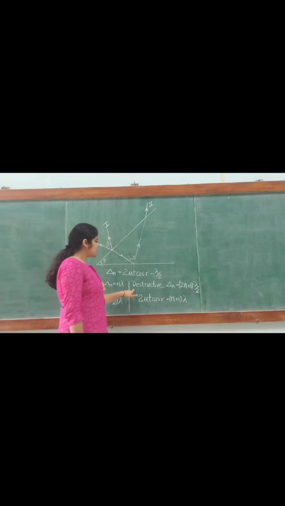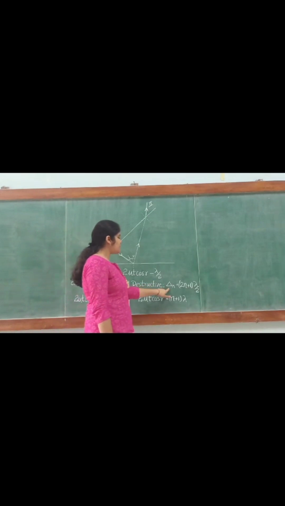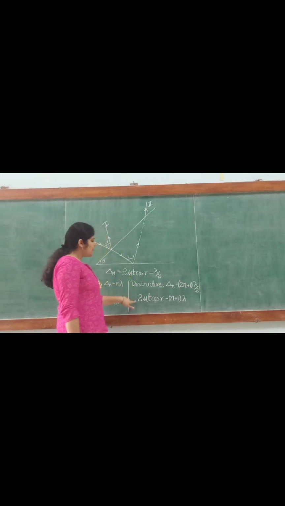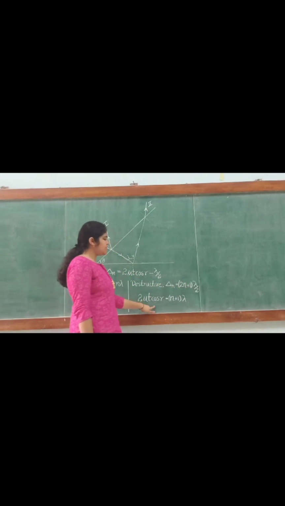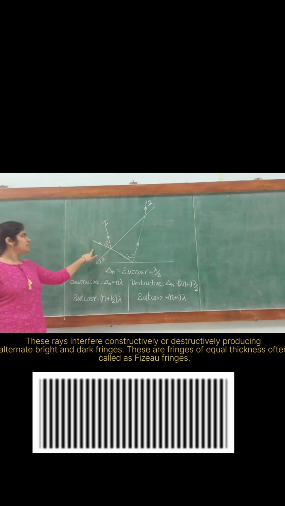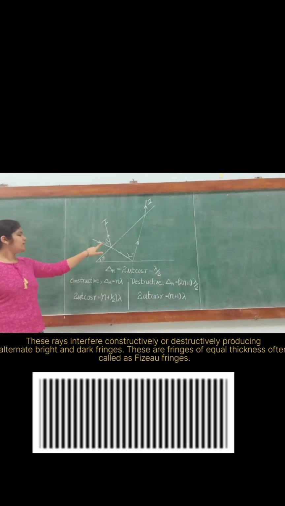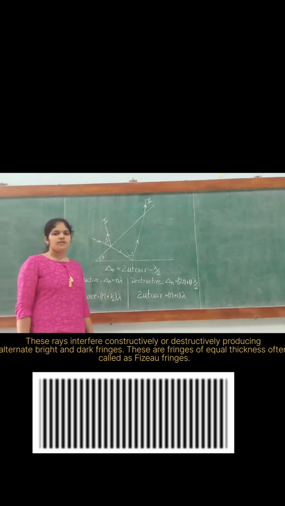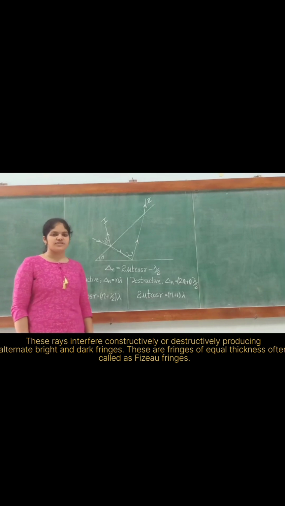Similarly for destructive interference, we have path difference (2n plus 1) lambda by 2. Equating these two, we get 2 mu t cos r is equal to (n plus 1) lambda. Here, the interference takes place between coherent sources, and the pattern obtained will be of equal width. These fringes are also known as phase fringes.